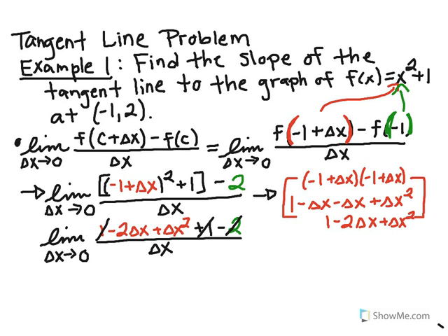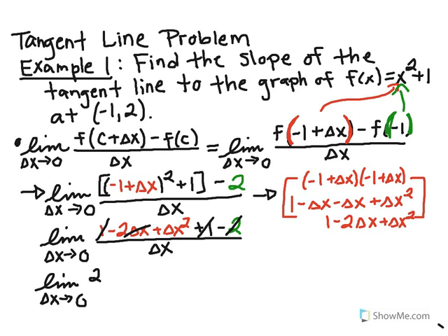Another thing that happens is I see that there's a delta x inside all 3 of the terms that are left over, which means I can take them out. So below here, I'm going to, once again, rewrite my limit notation. If I were to take out a delta x from this first term up here in red, I would just be left with 2.